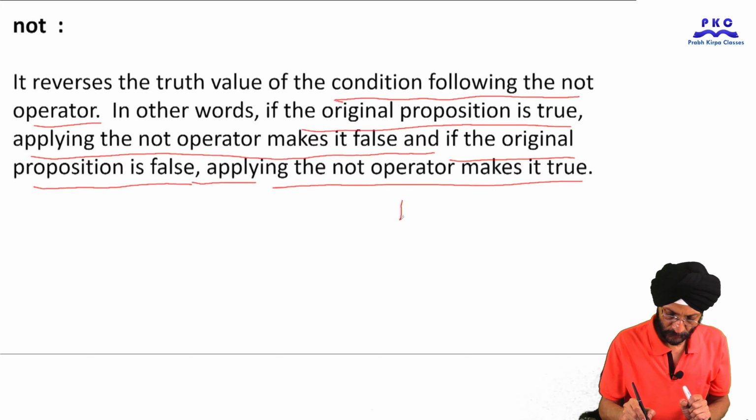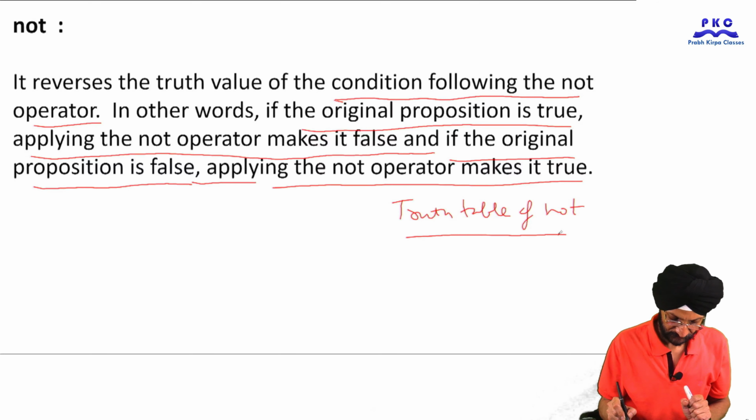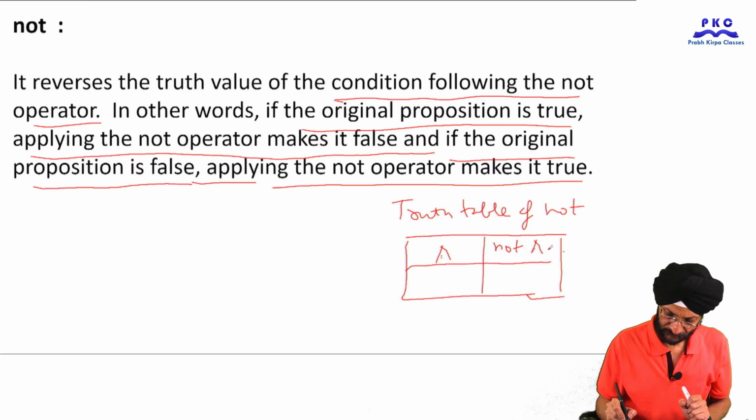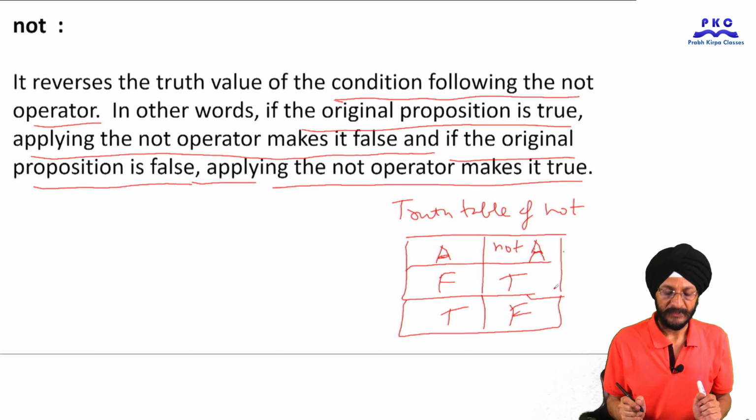This is the truth table of not. A, not A. False will become true, true will become false. This is the truth table.